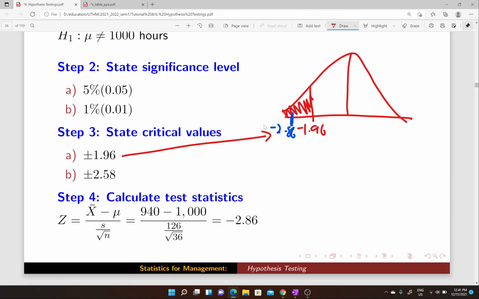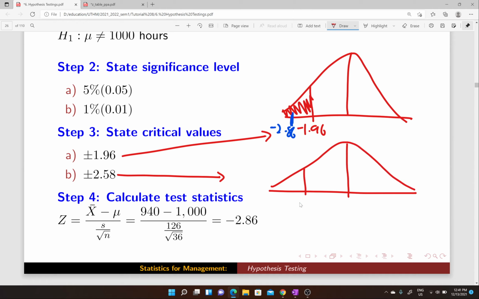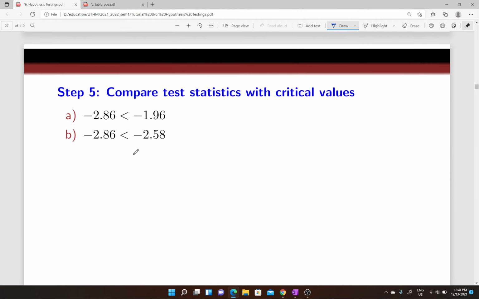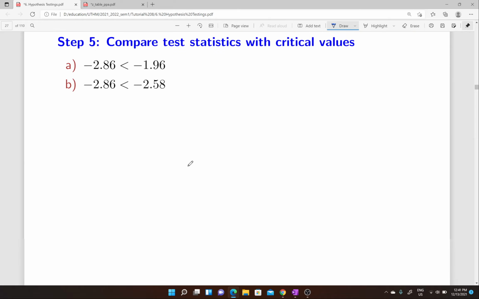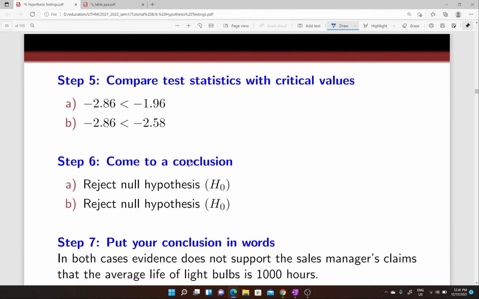Same goes for the 1 percent, the critical value is negative 2.58, it is also rejected here. So in both cases we reject. In both cases we write that the critical value is less than the test statistic value, and we reject and write the conclusion like this.